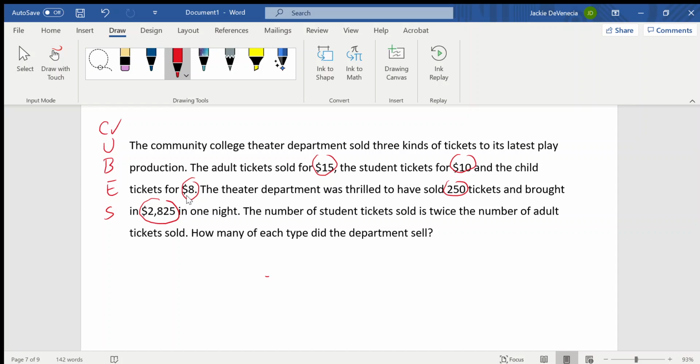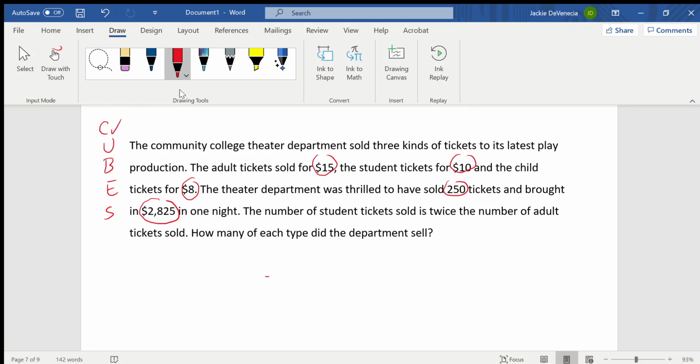So they made bank in one night. The number of student tickets sold is twice the number of adult tickets sold. So, got some language over there. How many of each type of ticket did the department sell?